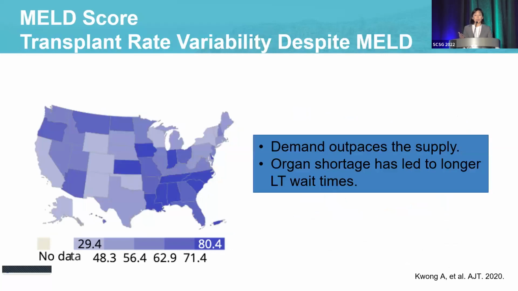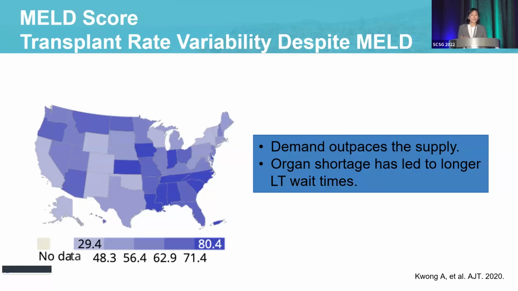And you would expect that with sicker patients in Southern California that our transplant rates would meet that demand, and it didn't. So we had some of the lowest transplant rates in the country, but the sickest patients at the time of transplant. So that kind of variability really existed prior to the acuity circle policy changes in 2020.